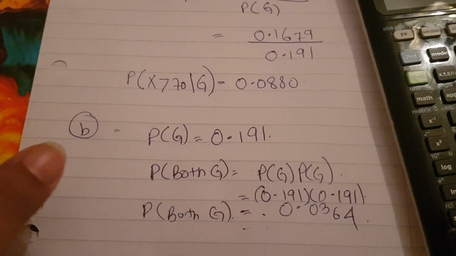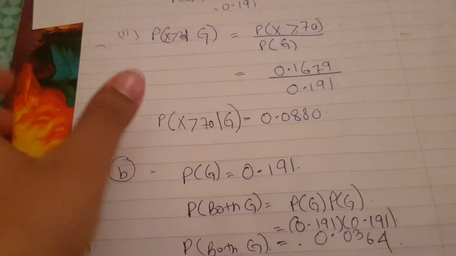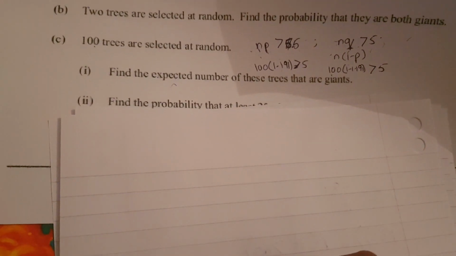Okay, now let's do part C. 100 trees are selected at random.